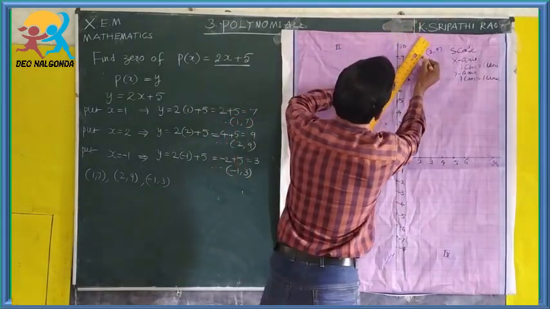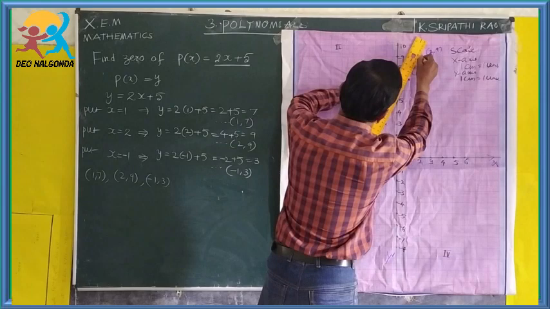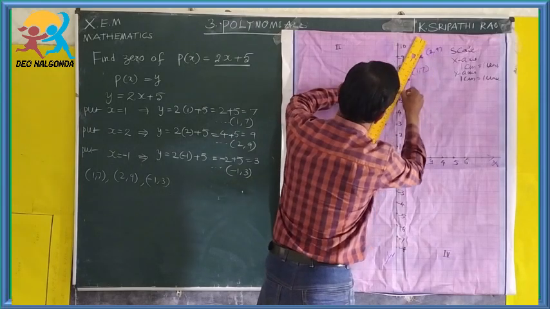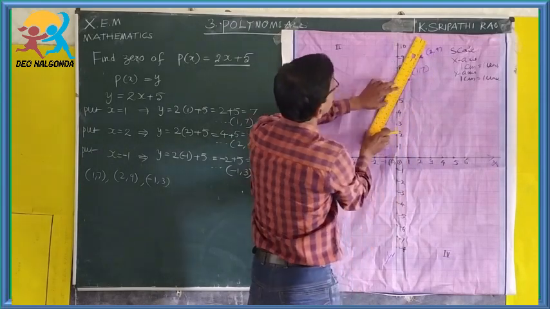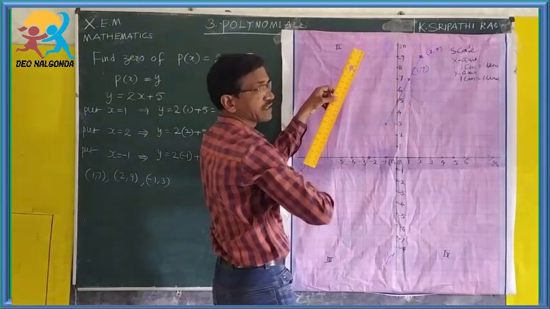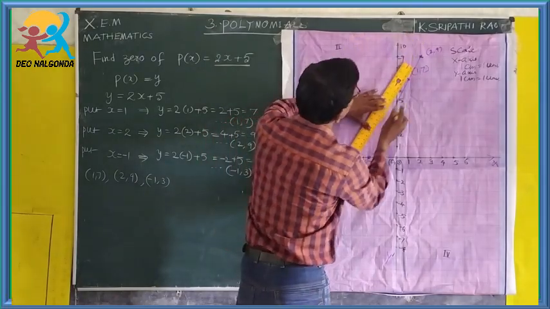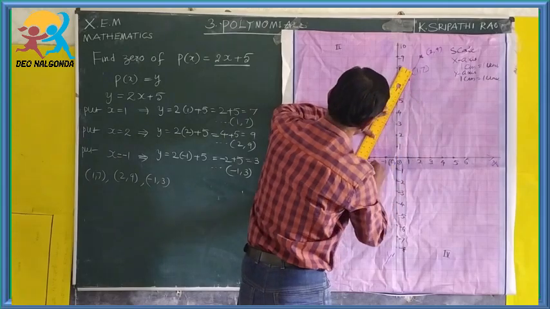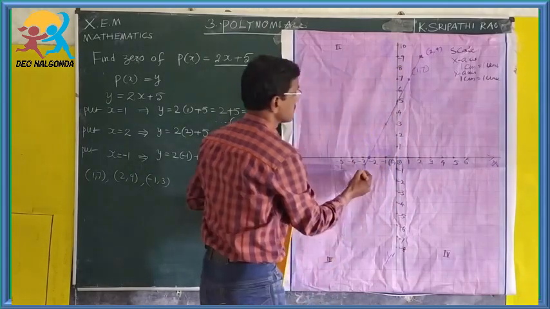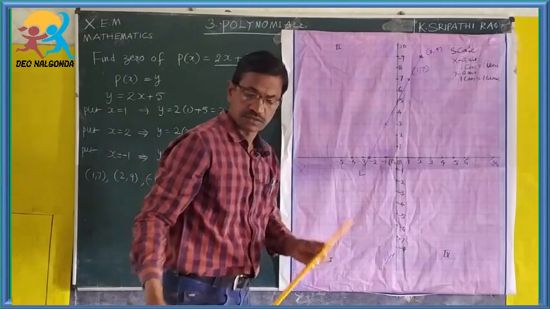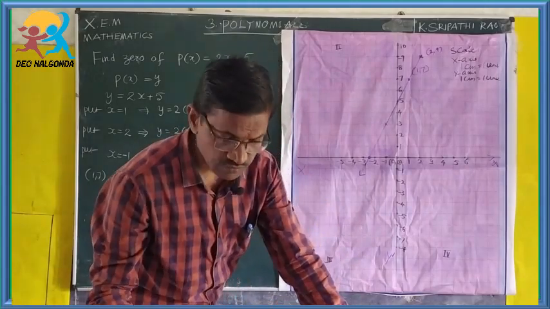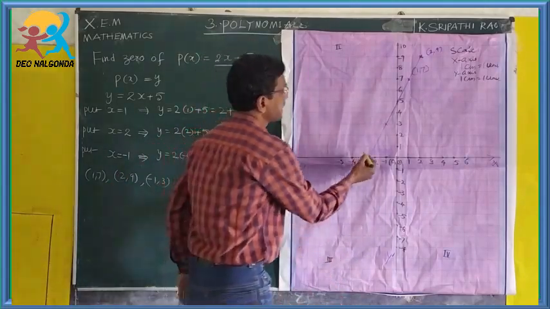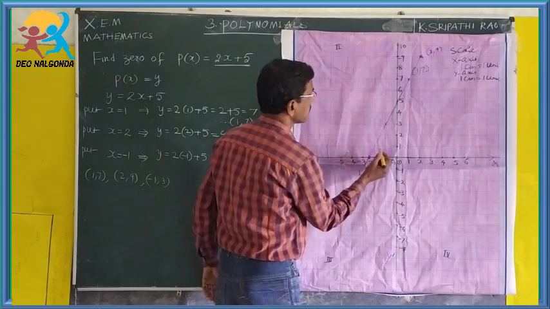See here, if I join all these points using the scale, now you have to extend it so that it cuts the y axis, like this. This straight line cuts the x axis at which point?